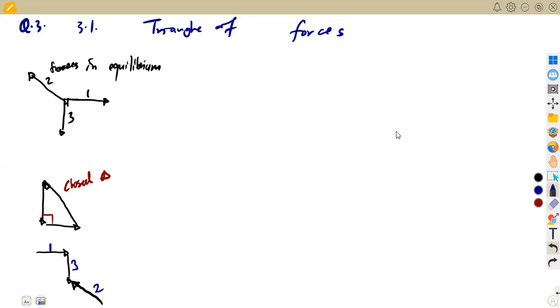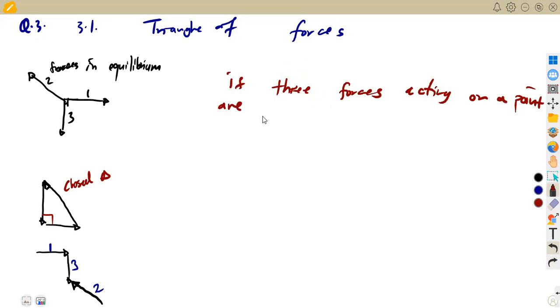So we are saying if 3 forces are acting on a point, like I explained before, in equilibrium, all right.